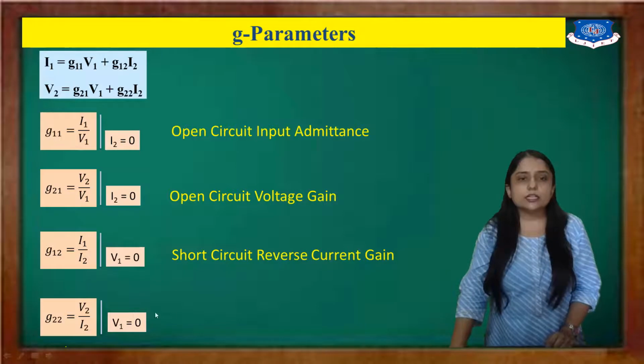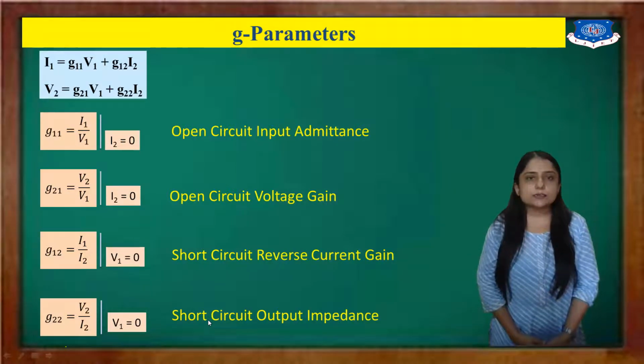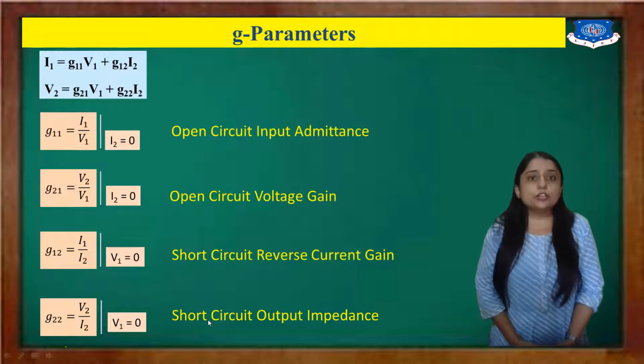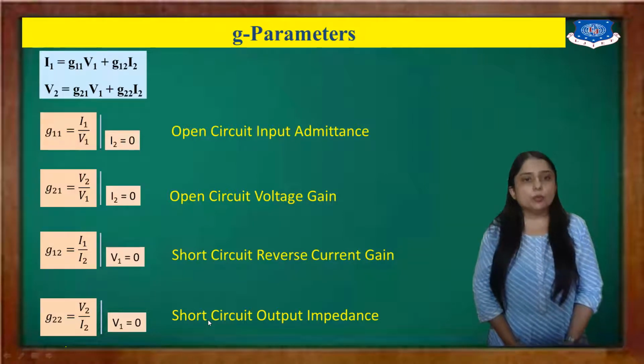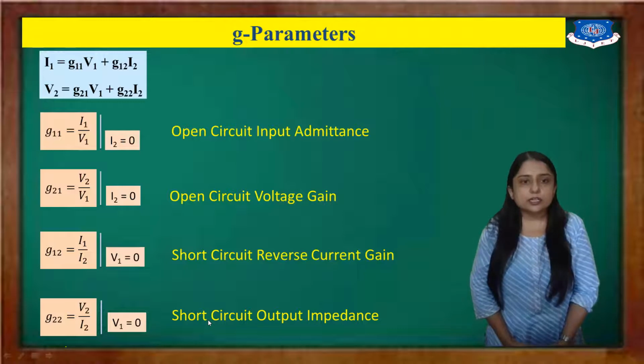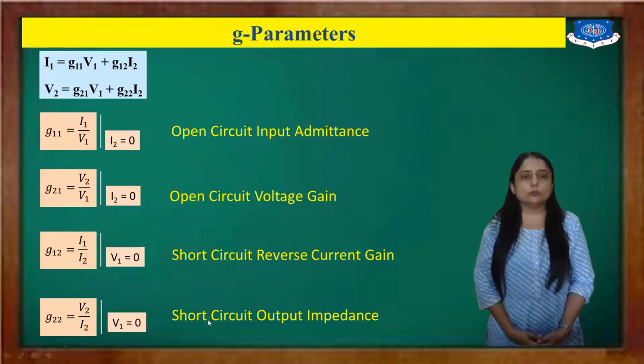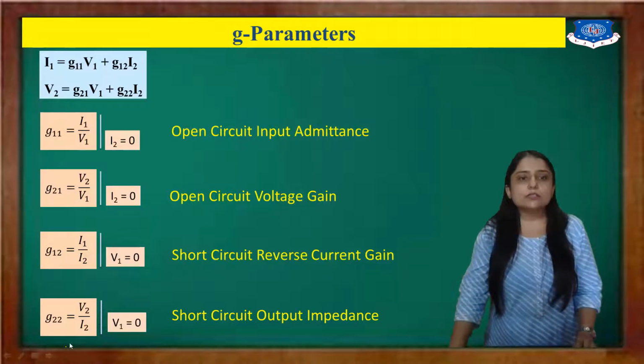So this is known as the short circuit output impedance. The unit of G11 will be mho. G21 has no unit because it is a voltage gain. Similarly, G12 has no unit because it is a current gain. And the unit of G22 will be ohm.